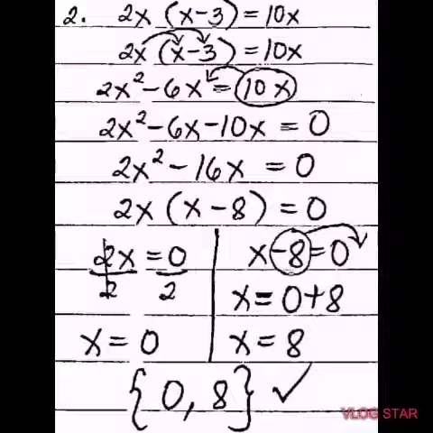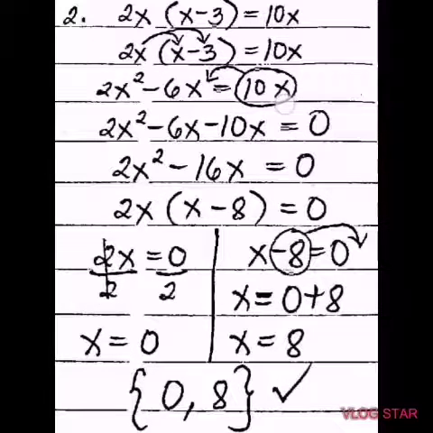The next given that is transformable into a quadratic equation is 2x times the quantity of x minus 3 equals 10x. So distribute 2x to the quantity of x minus 3. 2x times x is 2x squared. 2x times negative 3 is negative 6x, equals 10x.